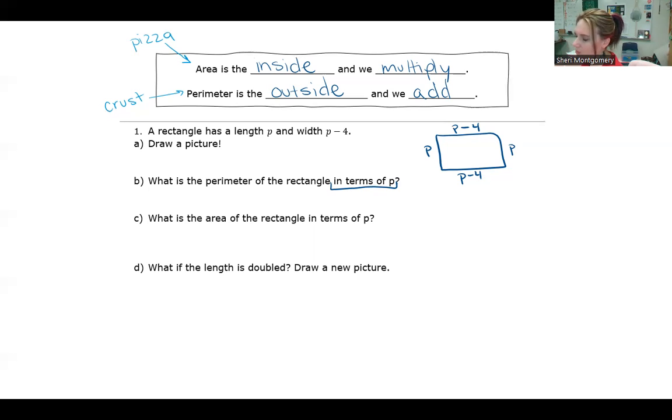It doesn't mean you have to do anything extra. It's just saying perimeter. And because there's P and we don't know what P is going to be, P will be in your answer. So when it says in terms of P, it means P will be in your answer. When it says in terms of X and Y, X and Y will be in your answer. That's all that means. So to find the perimeter, how do we find the perimeter?